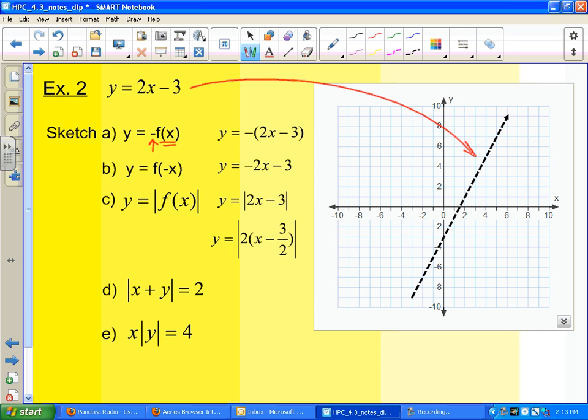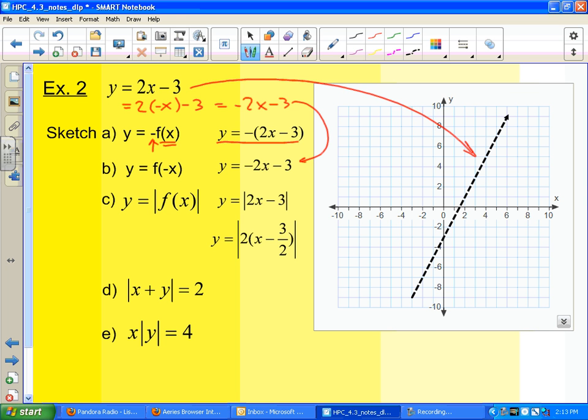So over to the right is that same equation with that change: y equals negative quantity 2x minus 3. If we put the negative on the inside of the function, then we would get negative 2x minus 3, which is where that one is coming from.